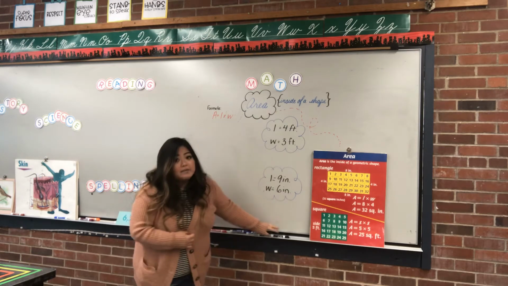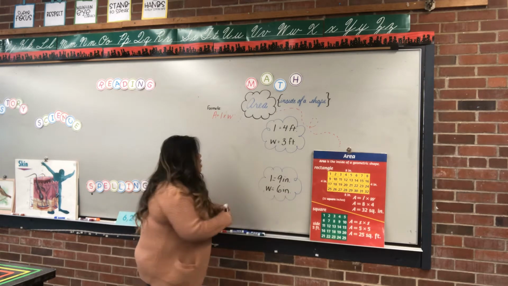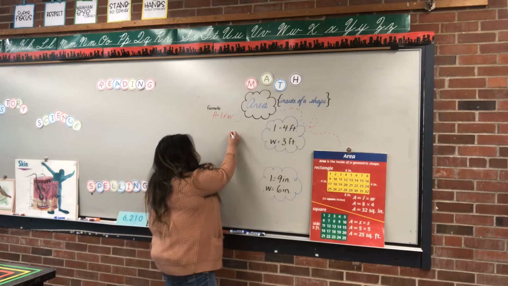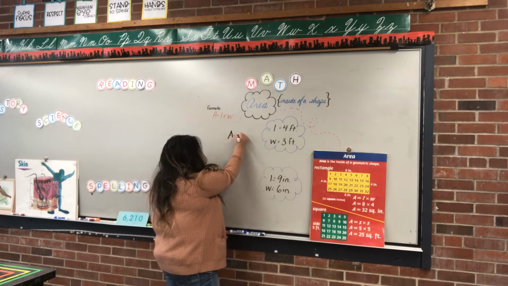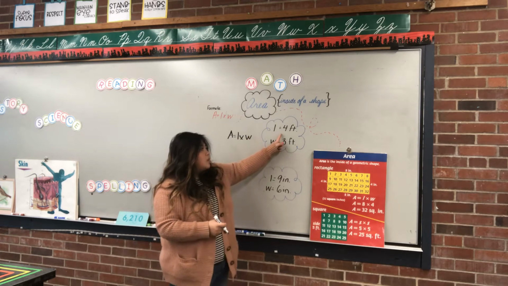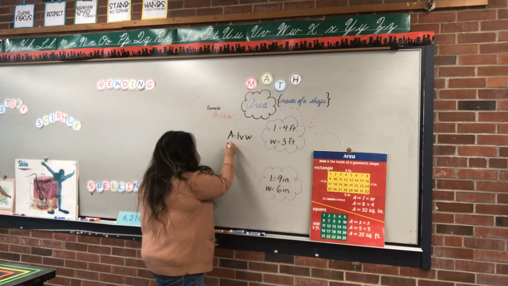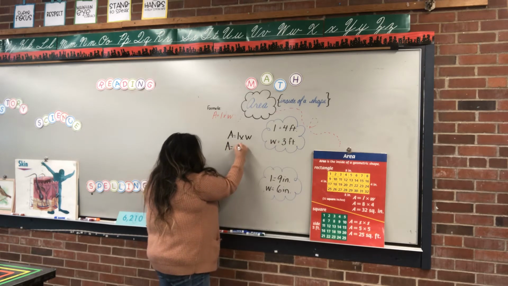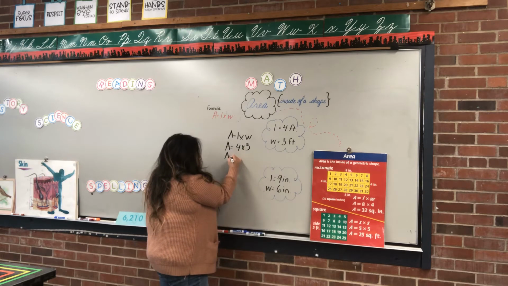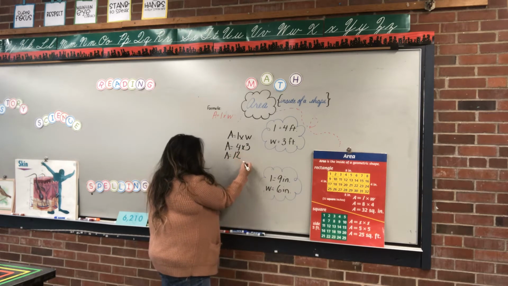So all we have to do is easier than perimeter. All we do is write our formula, A equals L times W, and one side, the length, is 4 feet and the width is 3 feet. Plug it in. A equals 4 times 3, and what is 4 times 3? A equals 12.